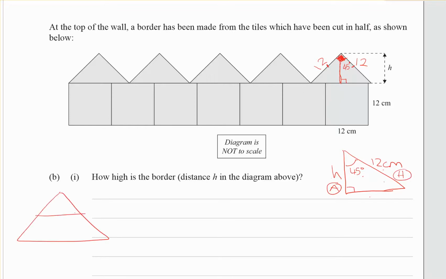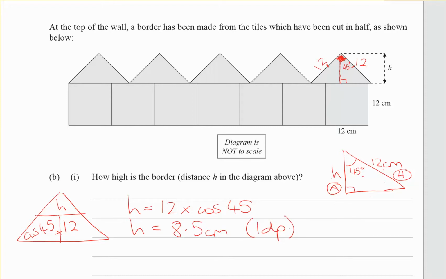For those of us that use the triangles, cos of 45, CAH, equals A over H. So one nice line of working, h equals 12 times cos of 45. Working that out, making sure you're in degrees, we'll get 8.5 centimetres to one decimal place. There are other ways you can work that out, just check you've got the right answer.